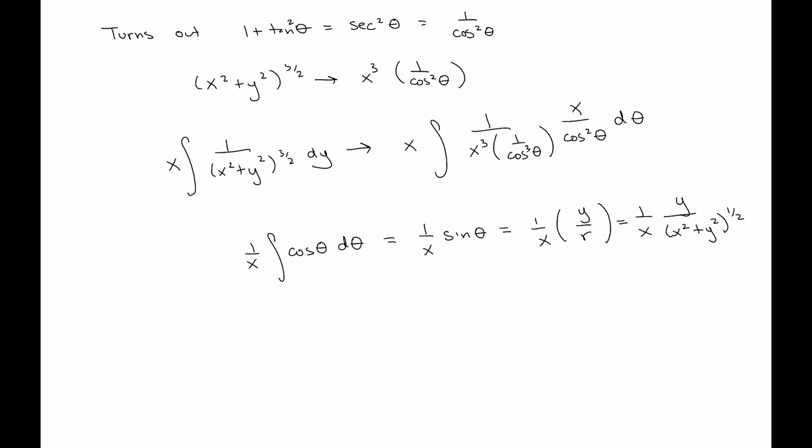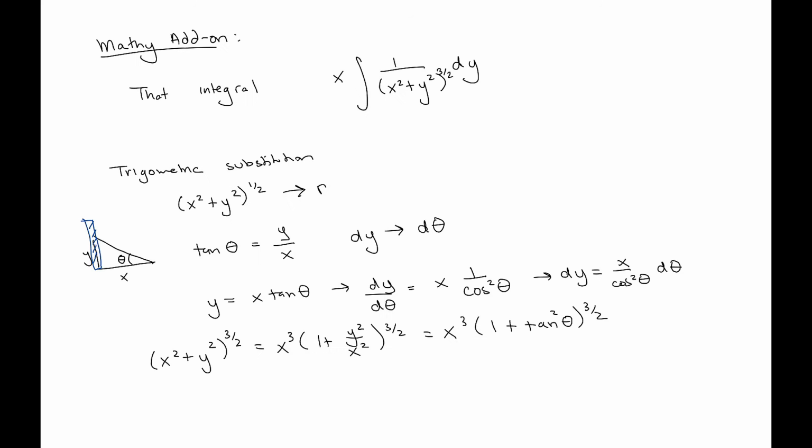Okay, so we're basically back where we started. The whole integral is equal to 1 over x times y over x squared plus y squared to the 1/2, and I'm going to take that from y equals L to y equals 0.